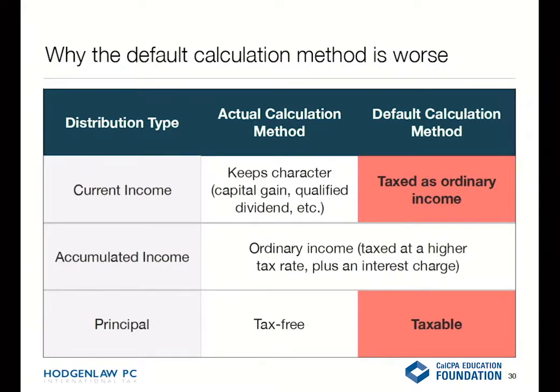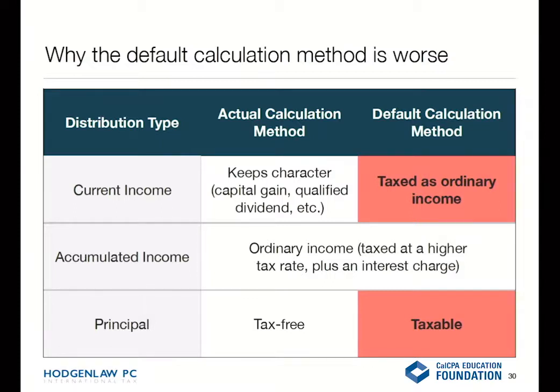They can come from accumulated income, or undistributed net income, UNI, or they can come from trust principal. And they come out in this order. These are the ordering rules. So if you receive a distribution from a trust, first that distribution comes out of current income, then it comes out of accumulated income, and then lastly it comes out of trust principal.